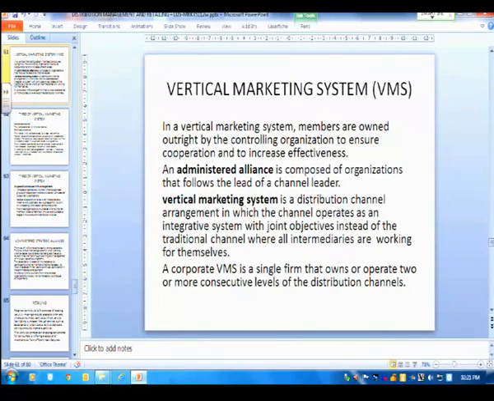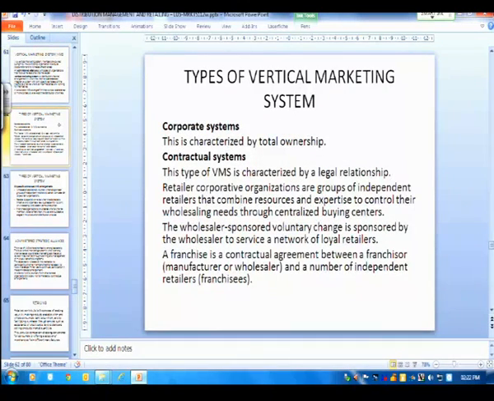An administered alliance is composed of organizations that follow the lead of the channel leader, whereas a vertical marketing system is a distribution channel arrangement in which the channel operates as an integrative system with joint objectives, instead of the traditional channel where all intermediaries are working for themselves. A corporate VMS is a single firm that owns or operates two or more consecutive levels of the distribution channels.